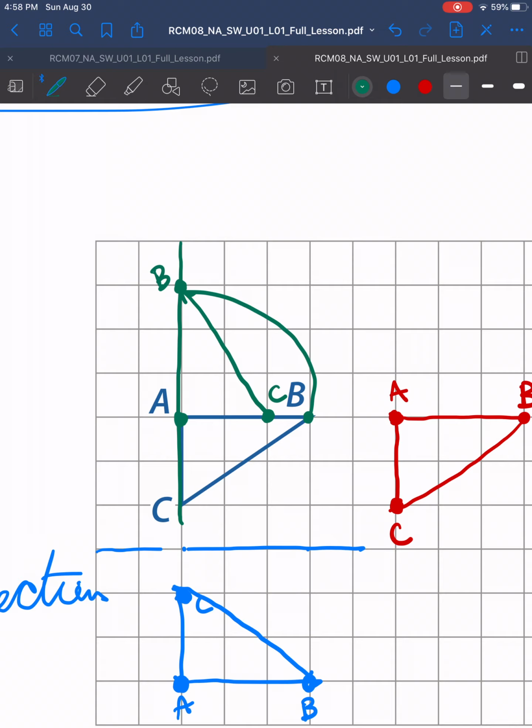Okay, and then I'm going to erase my markings so that you guys can see this better. So what I did is I took A and I made that my pivot. Like in basketball, it's your foot that you're pivoting on. And I took it and I rotated it up, okay? So B went this way 90 degrees, C went this way 90 degrees, and A stayed the same.